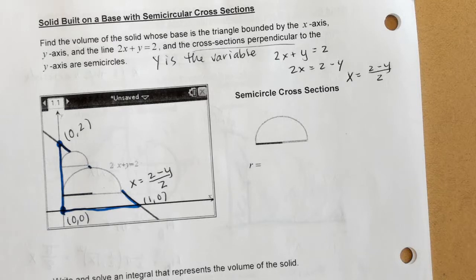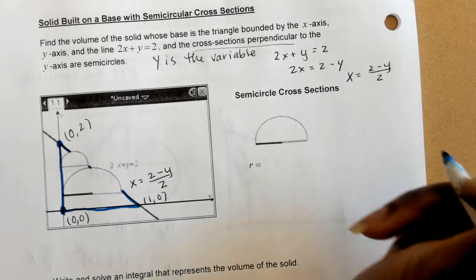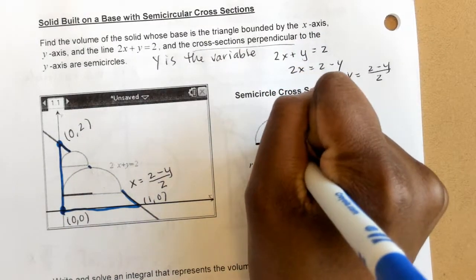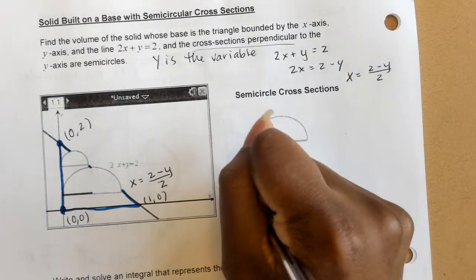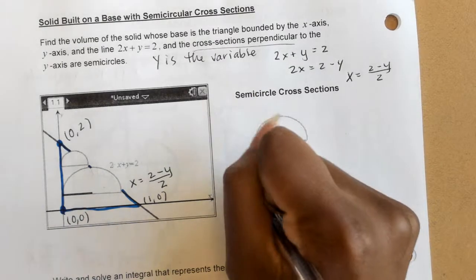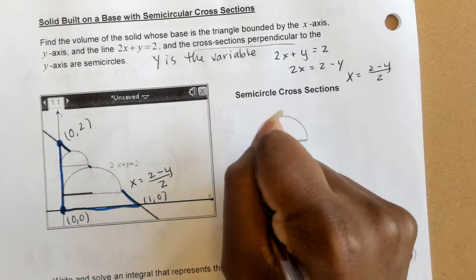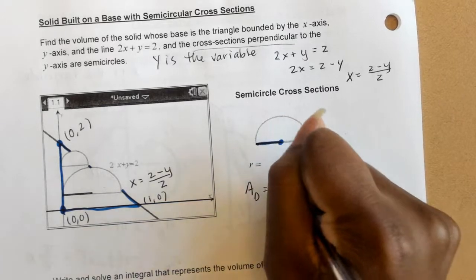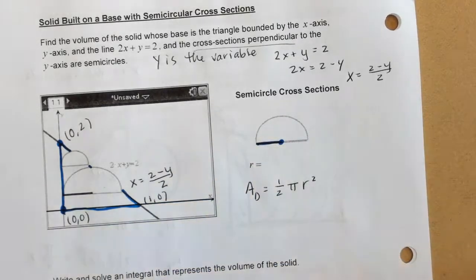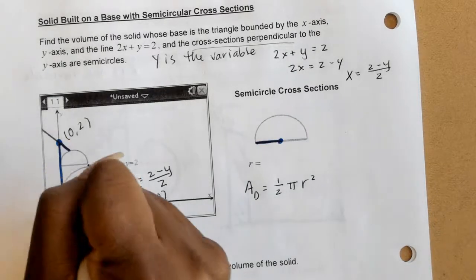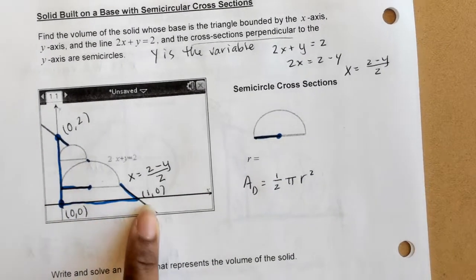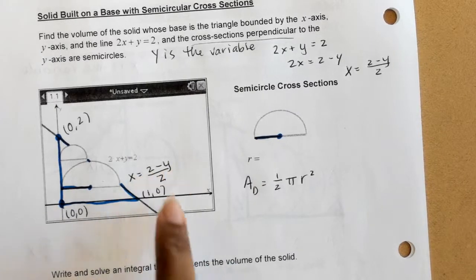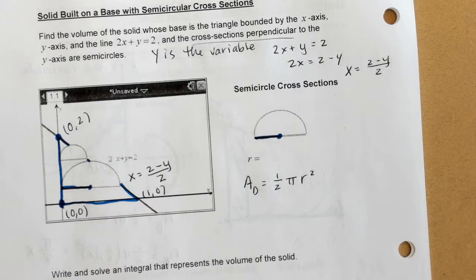Okay, so now we're looking at semicircle cross sections. So again, the area of a semicircle is pi r squared. Oh, 1/2 pi r squared, sorry. So the area of a semicircle is 1/2 pi r squared. R is half the distance between the y-axis and our equation (2 minus y) over 2.